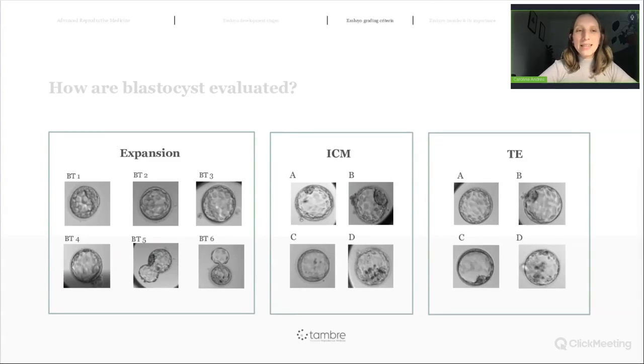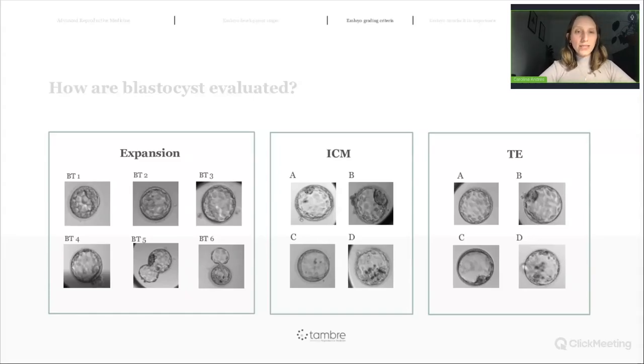We can more or less see them, but it's sometimes very difficult to know which kind of quality. So this is what we will call the very initial blastocyst. Then we have blastocyst 2, where the blastocyst has already been formed. We can differentiate two parts, and now we can see the quality of each part.